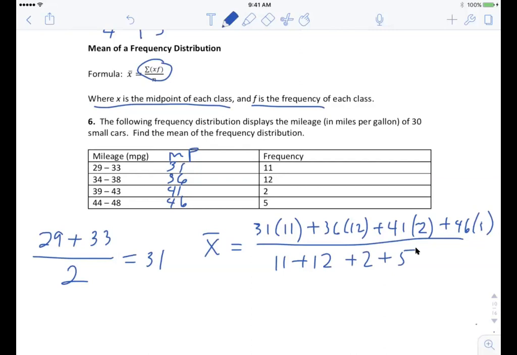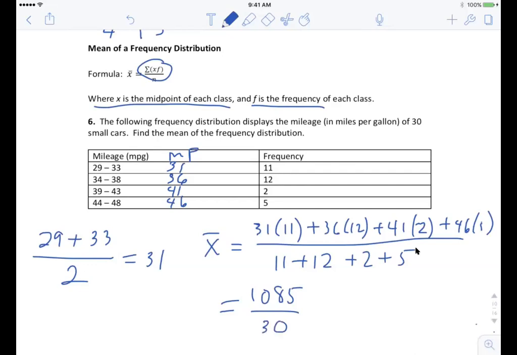I'm calculating the top, 31 times 11 plus 36 times 12 plus 41 times 2 plus 46 times 5, and that's 1,085. And then if I add up the frequencies, I'm getting 30.